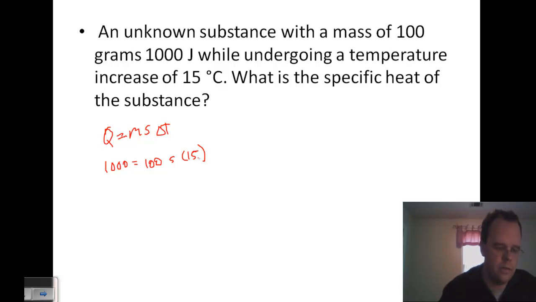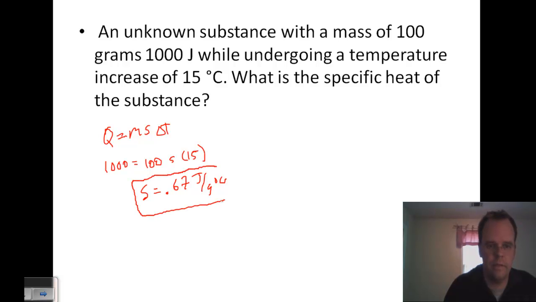So 1,000 divided by 100, divided by 15 gives us a specific heat this time of 0.67 joules per gram degree Celsius.